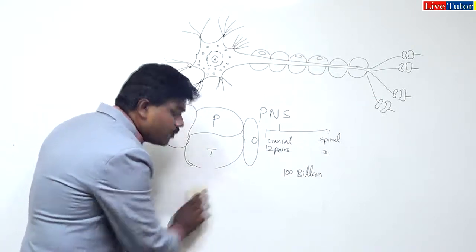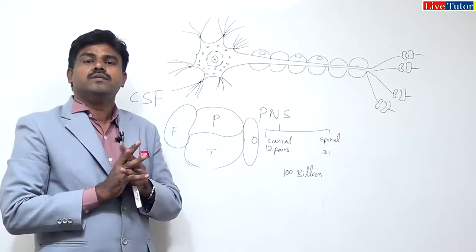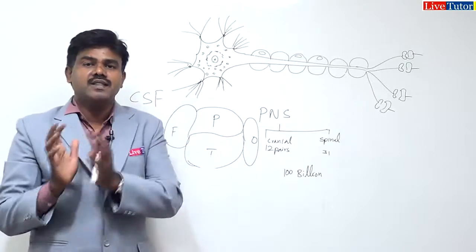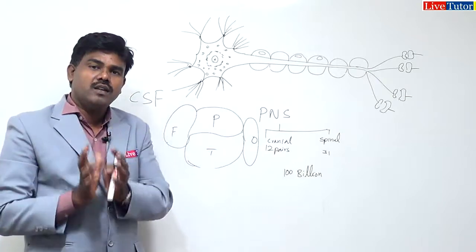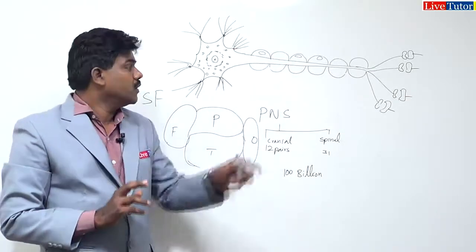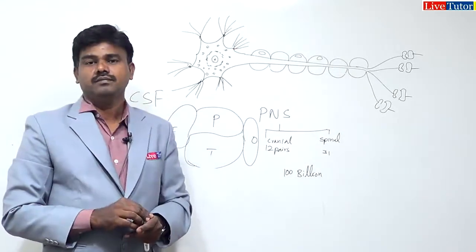Then one more important point in the central nervous system. Generally in the brain, the outer part is grey matter and the inner part is white matter. The white color is because of the medullated neurons. Because of the medullated neurons, it is white in color.